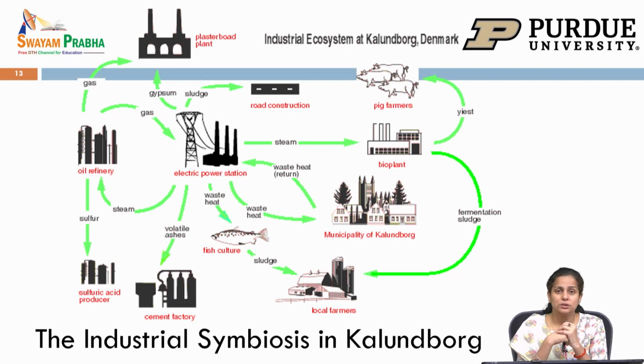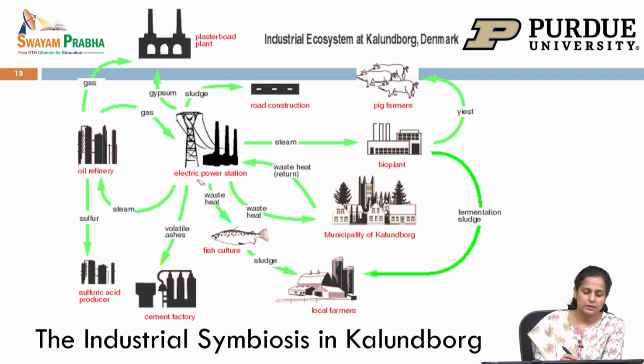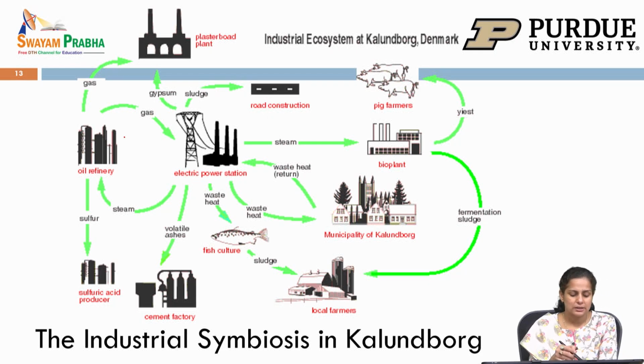In industrial ecosystems, what has been observed so far is that something like that happens. There is an organic interaction. So, in this case, there is an oil refinery and an electric power station, and the oil refinery started giving gas to it. They were very close, and they realized that the power station has extra steam with some residual heat that can be used by the oil refinery.